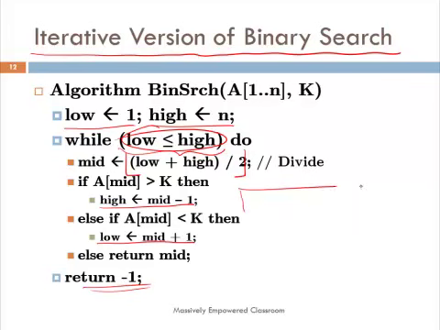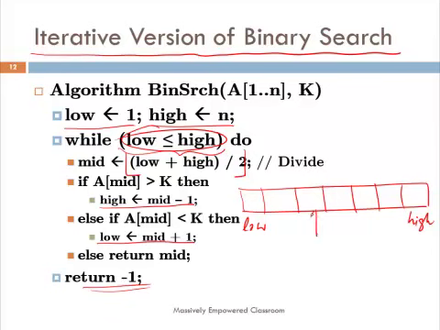So what happens here is, if you have an array, right, you start with low and high, then you compute mid. You do the comparisons. If we have to go to the right of the array, we move low to this point. If we have to go to the left of the array, we move high to this point. Right?